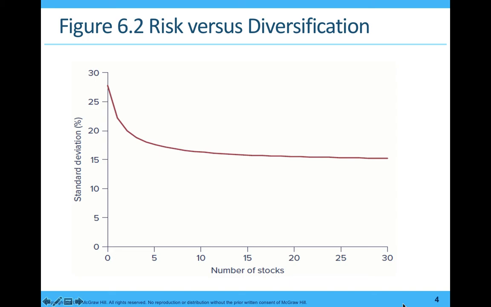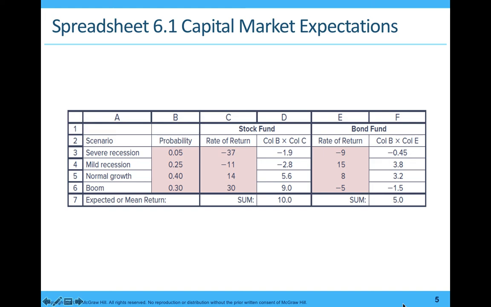So it remains a straight line along 10 stocks, 15, 20, 25, 30 stocks. Why? Because the diversifiable risk is already reduced with proper diversification of 10 to 12 stocks. After that, if you increase the number of stocks, you get no benefit, because the remaining risk is only systematic, market risk, which cannot be reduced through diversification.